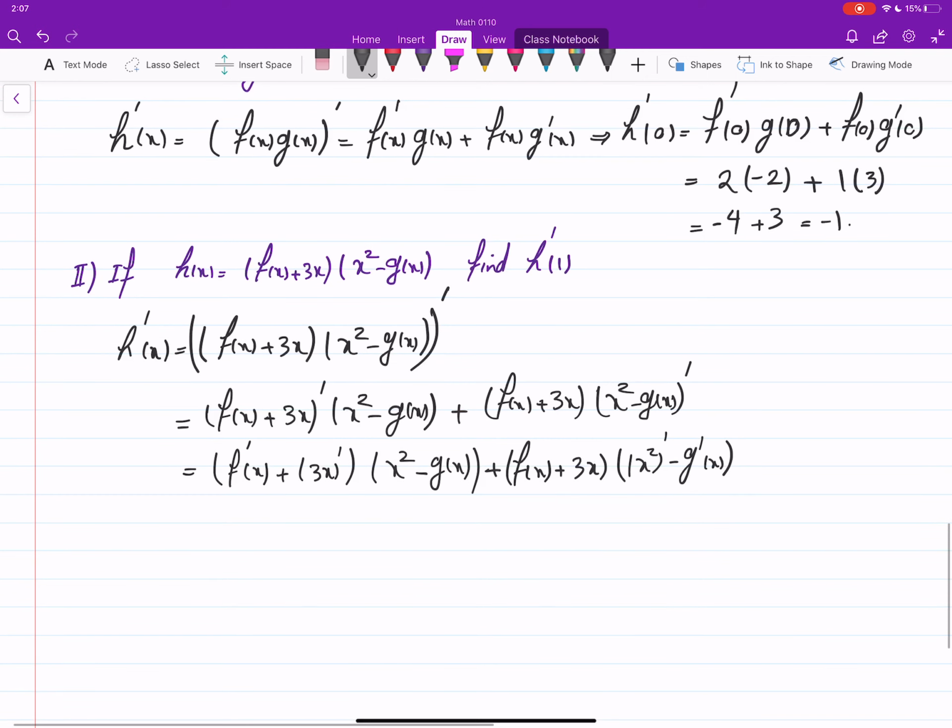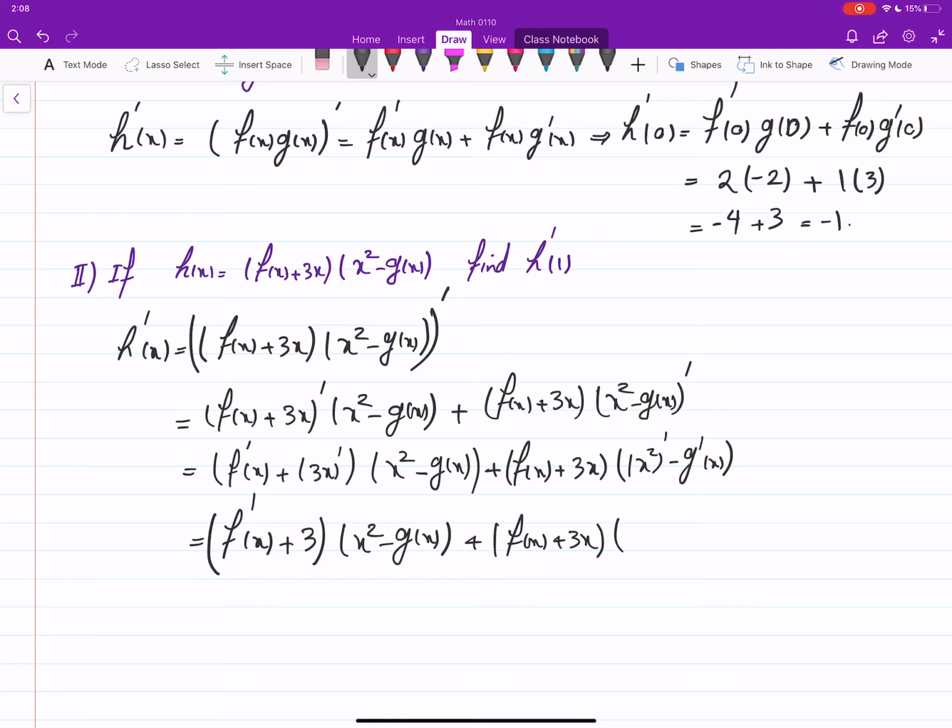Let us complete these steps. So this is f prime of x. I don't know what f prime is, but it is f prime plus the derivative of 3x, which is 3, times x squared minus g of x, plus f of x plus 3x times the derivative of x squared, which is 2x, minus the derivative of g of x, which is just g prime.